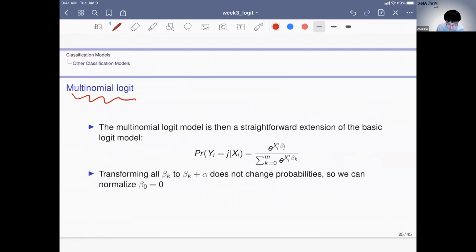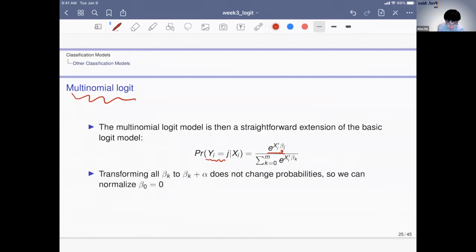You have the natural exponential of beta x in the numerator. Here you have the beta for each specific category, so you have beta j for the jth category, for example.